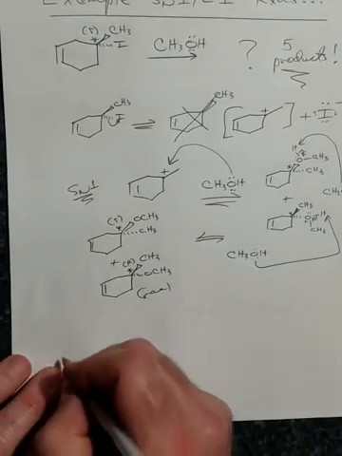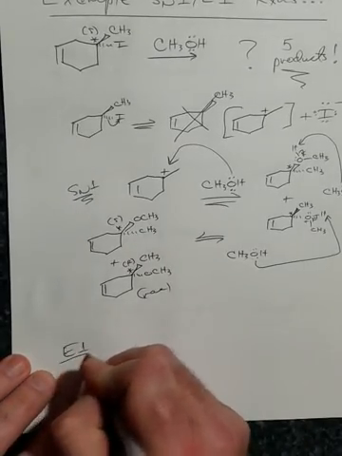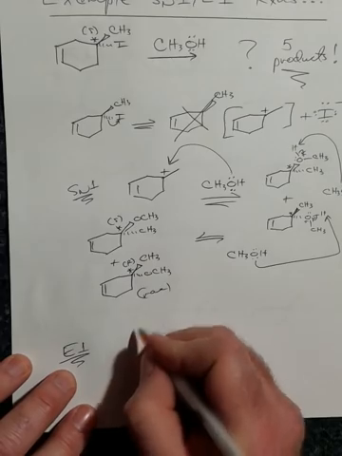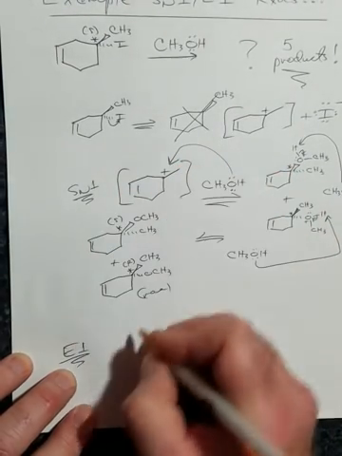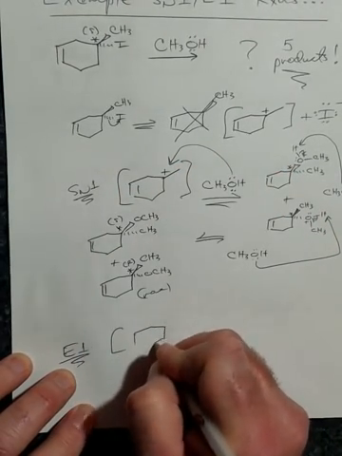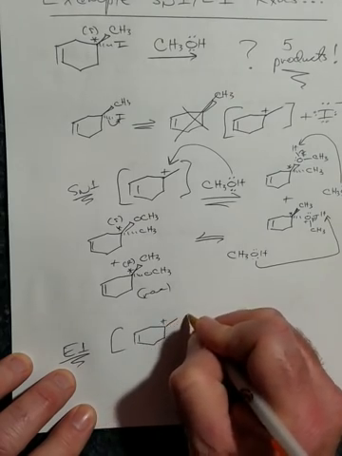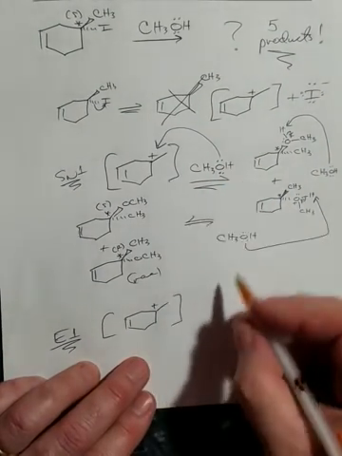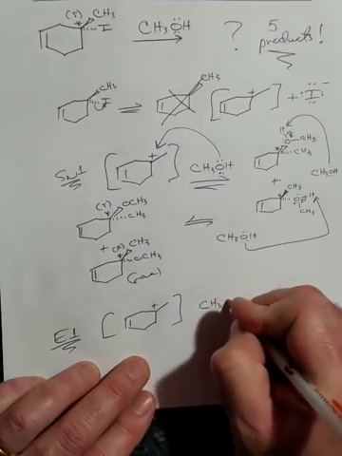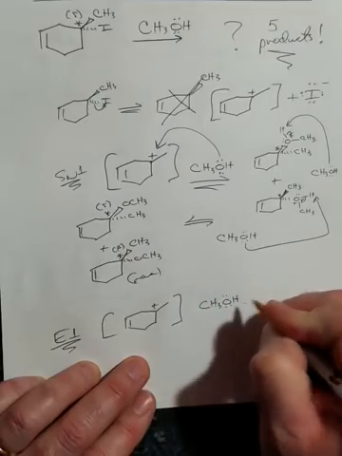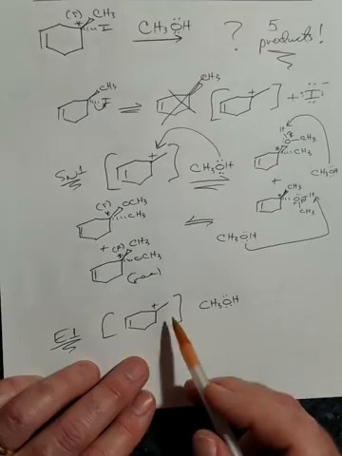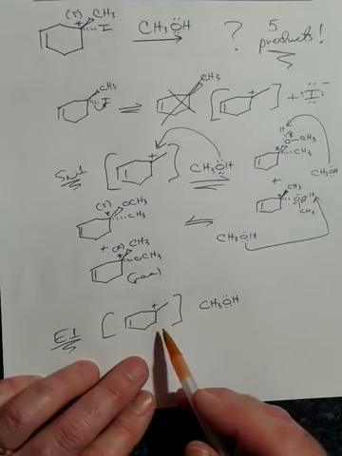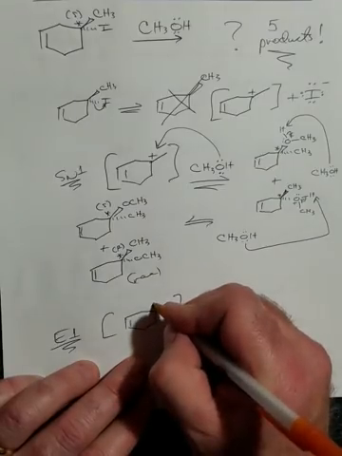Okay, now on to the E1. The other possibility is that this carbocation, which we have produced and redrawn, will react with our solvent, methanol, in a different way. The methanol can pull off an acidic proton, and it will always pull it off from an alpha carbon.